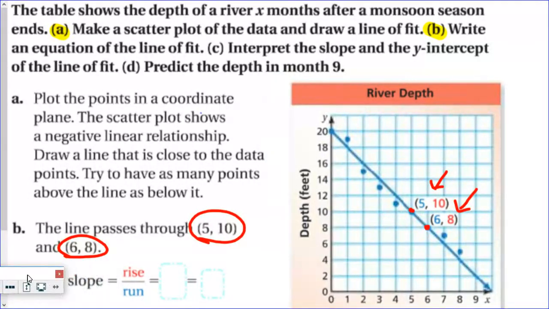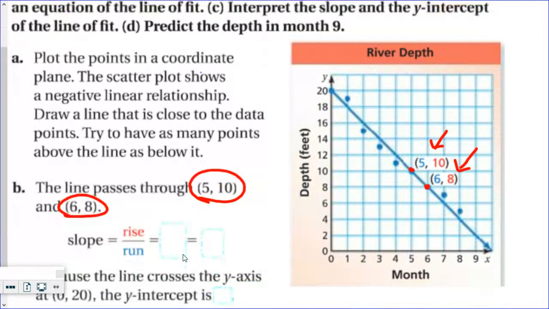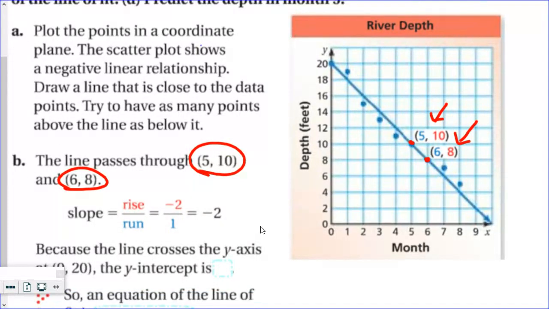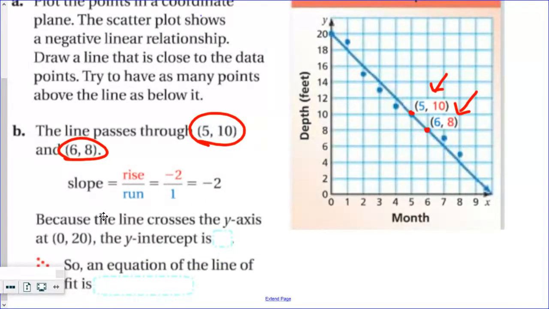Okay, so to find the slope, we just do the rise over the run. So 10 minus 8, or 8 minus 10, over 6 minus 5. So our slope is -2 in its simplest form. Now, because the line crosses the y-axis at 0, 20, we know that is the y-intercept.